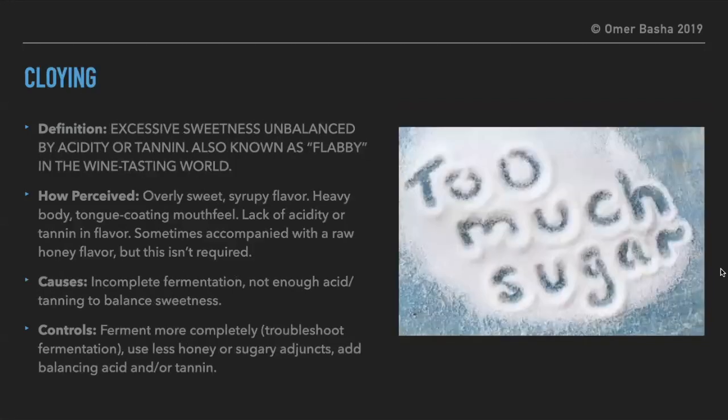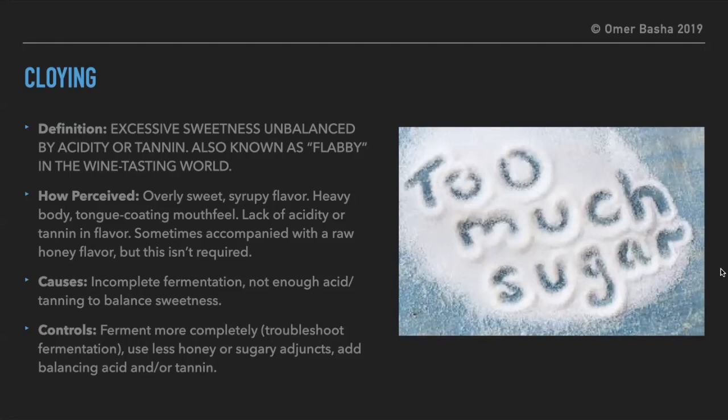So after sweet, we're moving on to cloying. So cloying is defined as excessive sweetness that doesn't have enough acidity or tannin to balance it, okay? So it's perceived as overly sweet, a syrupy flavor, really heavy body, tongue coating mouthfeel, a lack of acidity or tannin in the flavor, or sometimes it's accompanied with a raw honey flavor, but this isn't required.